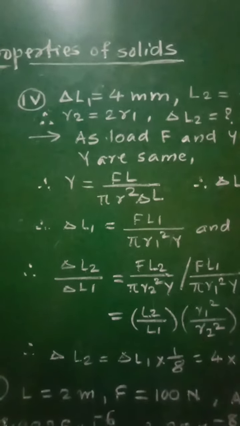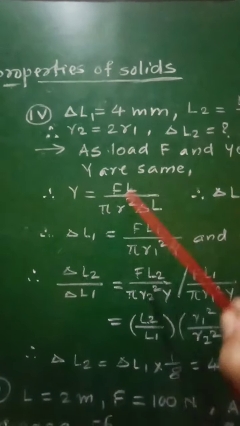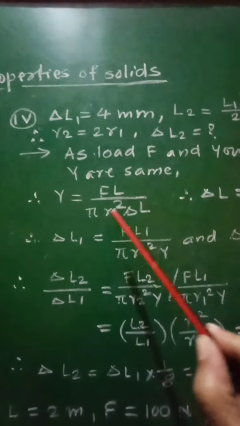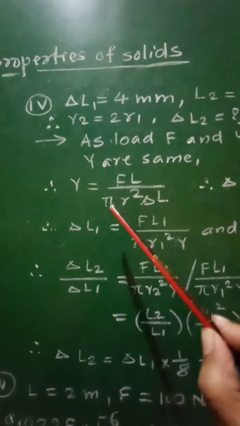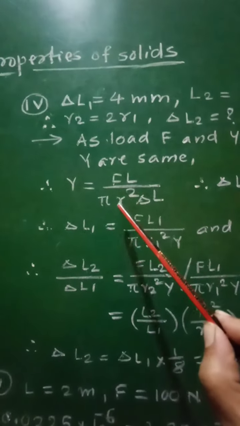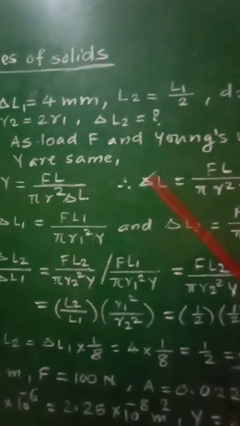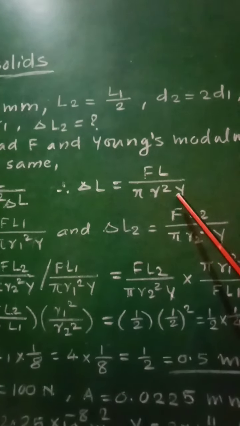As Young's modulus Y is equal to FL upon A into delta L, where A is pi R square, from this the change in length delta L will be equal to FL upon pi R square Y.